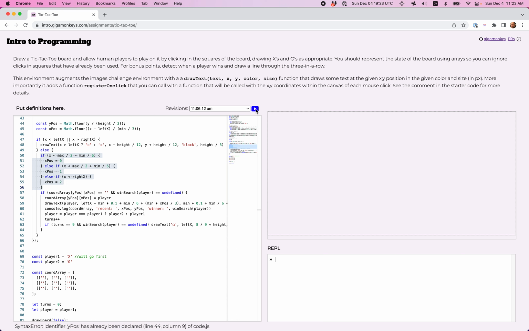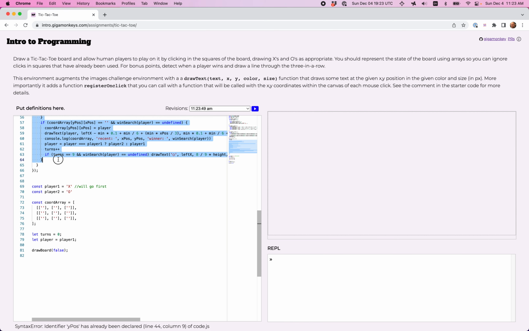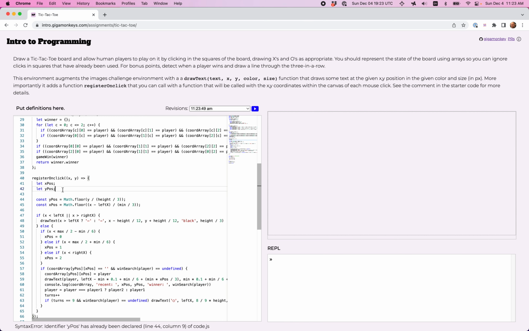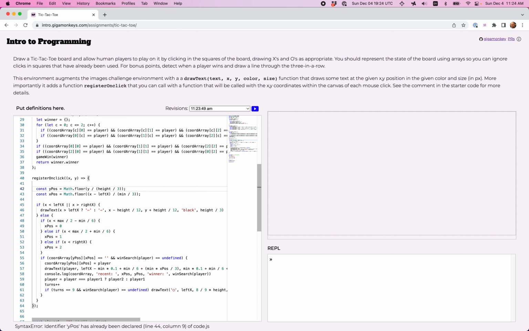Does it still run? Nope, I broke something. Y pause has already been declared. Oh, sorry. Right. So since we're, this is another pattern to look for, and a kind of a reason to use const is it encourages you to figure out the right value for a thing once, rather than declaring it mutable and then setting it to different values based on logic.